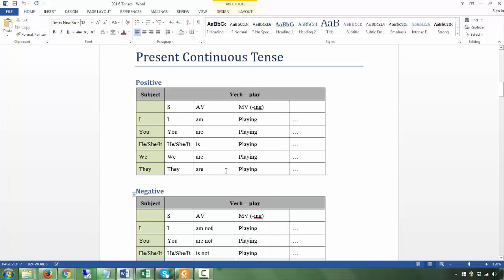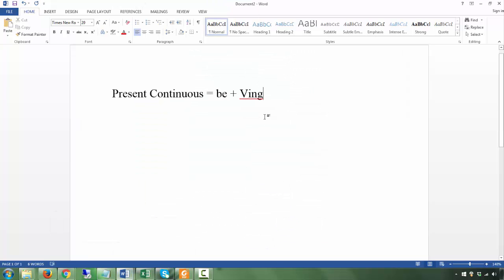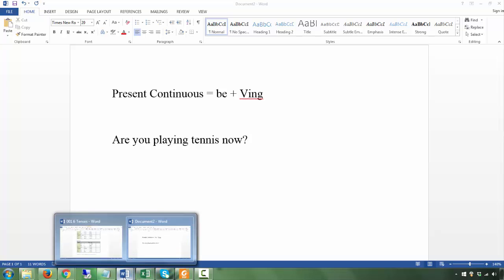Now, when you go to the question form, the question could start with your verb. For example, are you playing tennis now? All right. Are you playing tennis now? Yes. Are you playing tennis now? You see the way we create it.